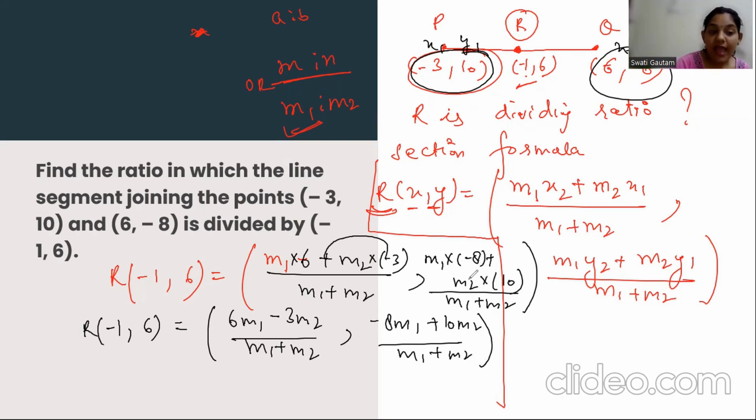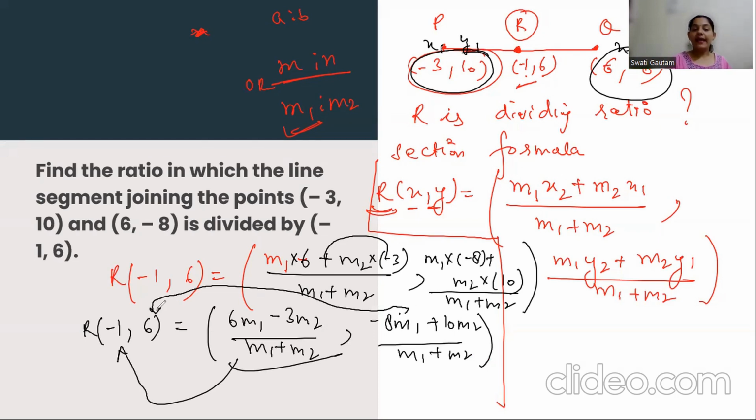Now after this, what we have to do? We just have to take this part equals to this and this part equals to 6, because we are taking x equals to x and y equals to y only.